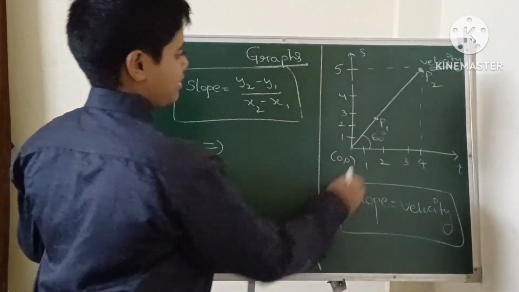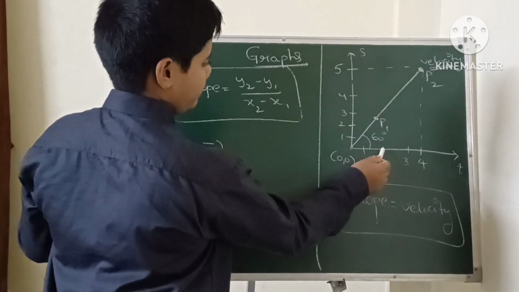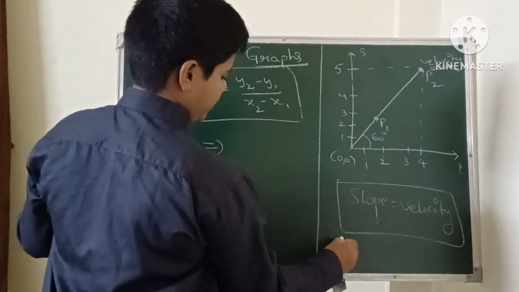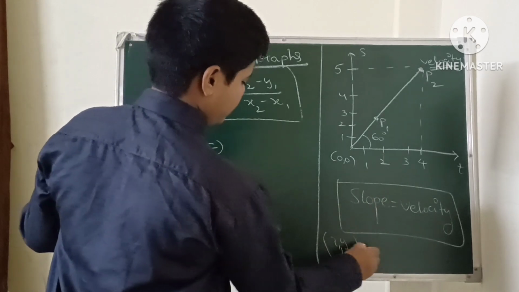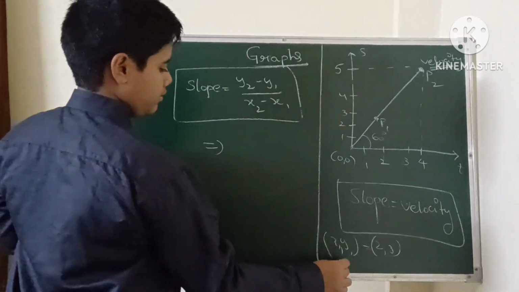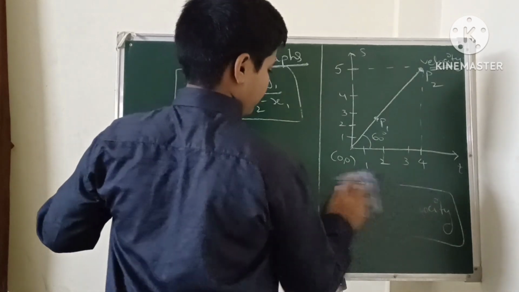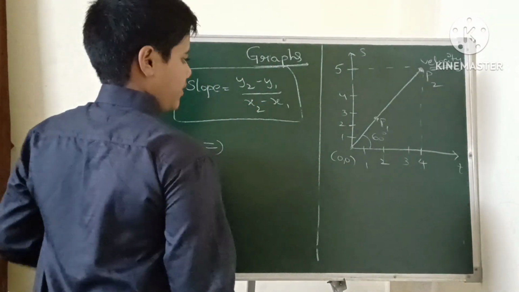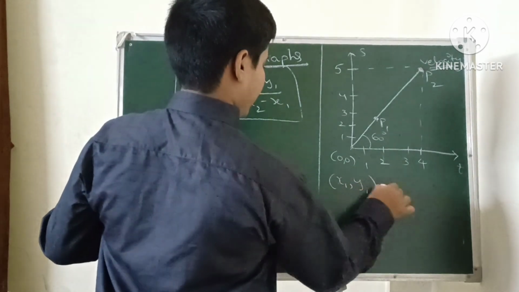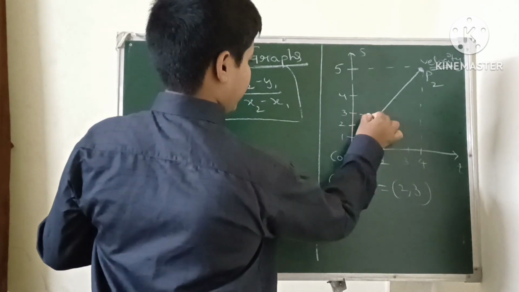So I have to find the slope of these 2 points, and here x1, y1 is 2 comma 3. I am marking this point. So x1 comma y1 equals 2 comma 3. See?